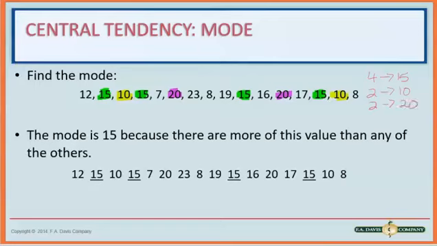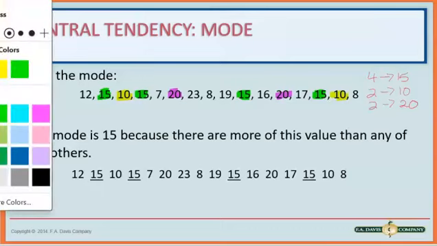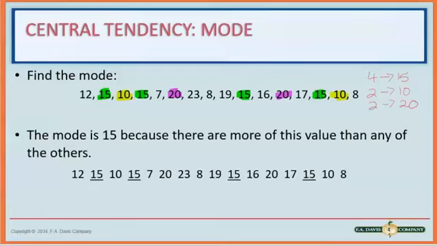And then it looks like we have 8 in there multiple times, so let's do 8 in orange. There's an 8, and there's an 8, so 8 shows up at least twice. And I believe that's all our repeating numbers.